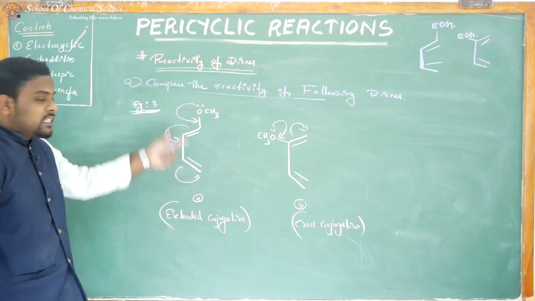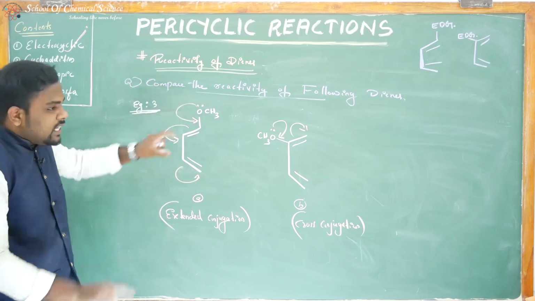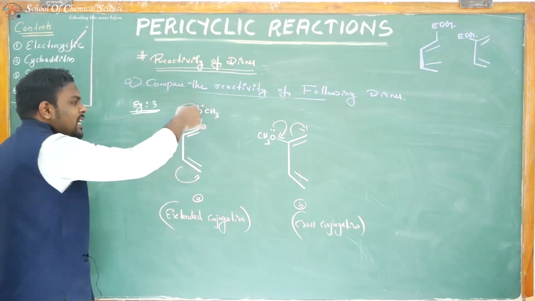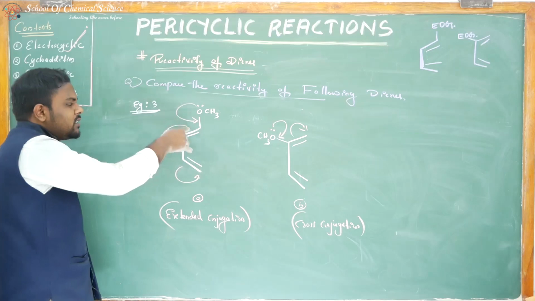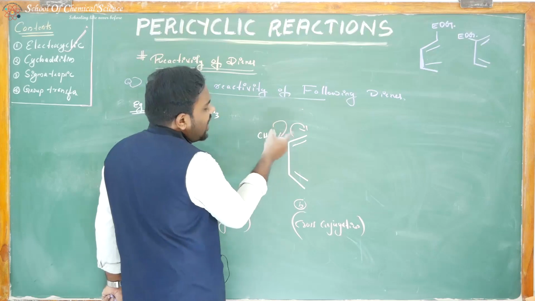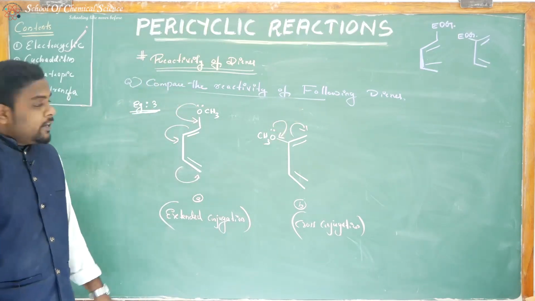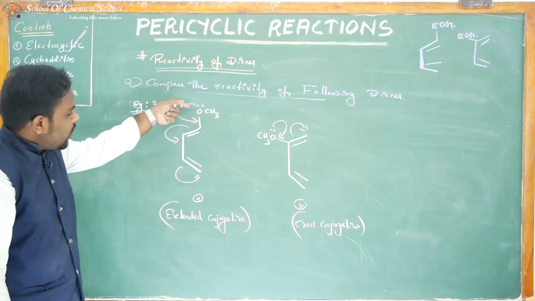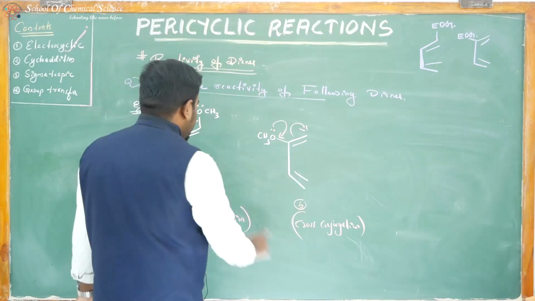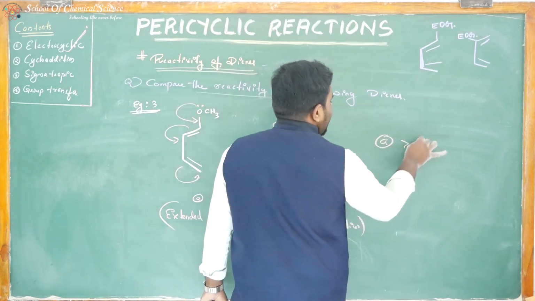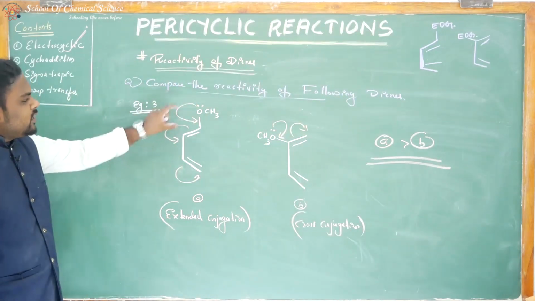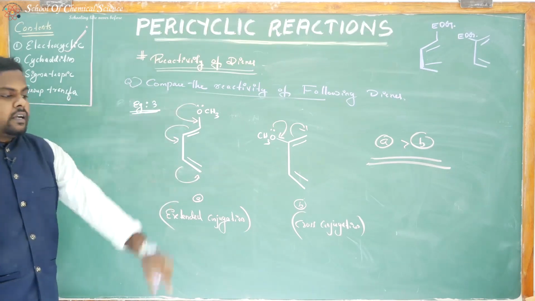Due to extended conjugation, the OCH3 donates its electron density to both the pi bonds. But here, its electron density is donated to only one pi bond. Clear? So definitely comparing A and B, A is more reactive than B. So always an electron donating group in the first position will be more reactive.